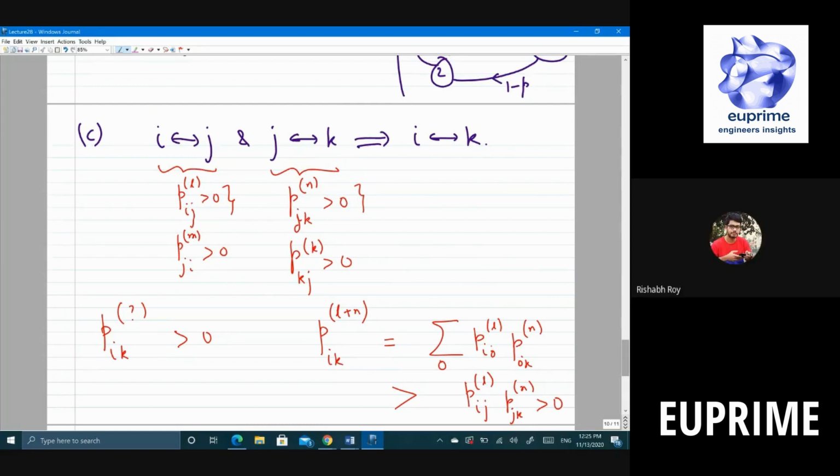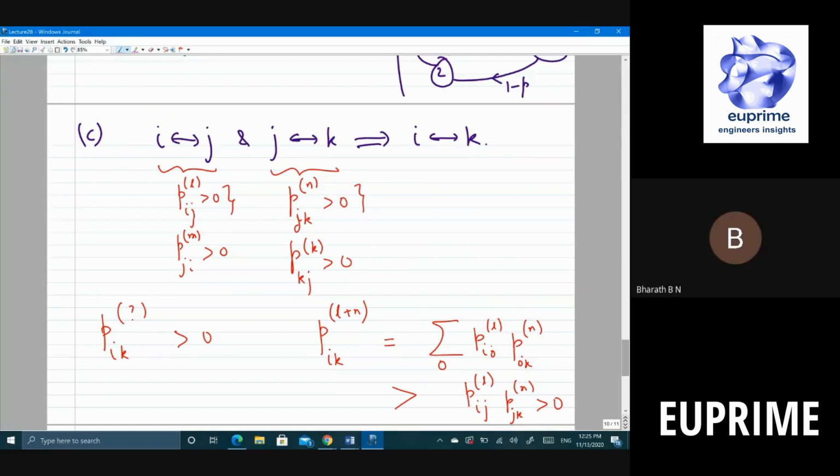Sir, is it possible that I go from i to j in L step and j to k in N step, but maybe when I go from i to k, there will be some intermediate path? Exactly. You can probably go in one step also. You never know.